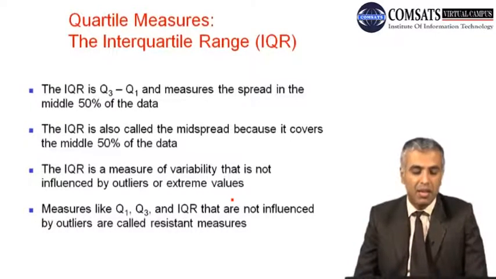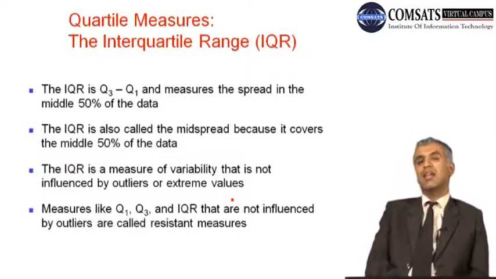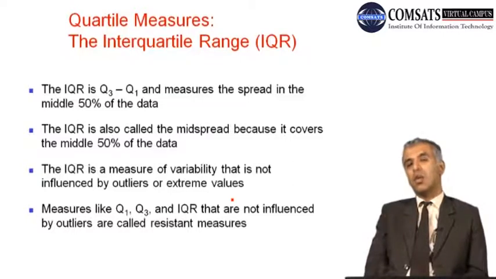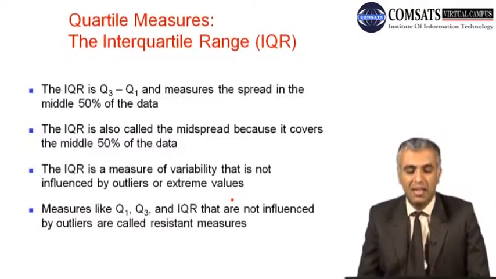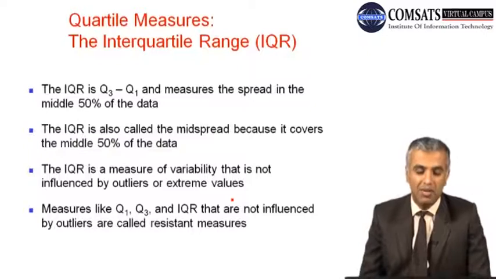So it covers the middle 50% of the data, and this is a measure which is normally not affected by outliers, because outliers lie at the lowest or the topmost extreme, while the interquartile range lies in the center and represents the 50% of values at the center. Therefore the interquartile range is not much influenced by extreme values.